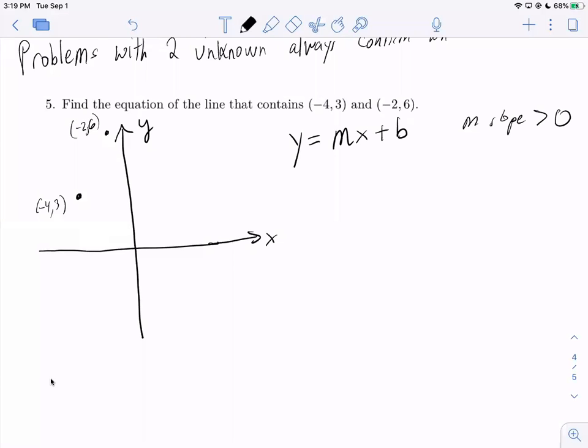And how about the b? It's probably also going to be positive. Nice. It's the y-intercept, and it looks like, if we draw the line, it's also going to be positive. So that's some intuition we can have just from drawing the picture.